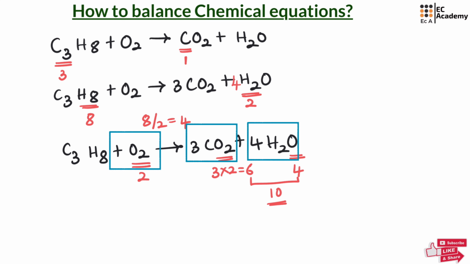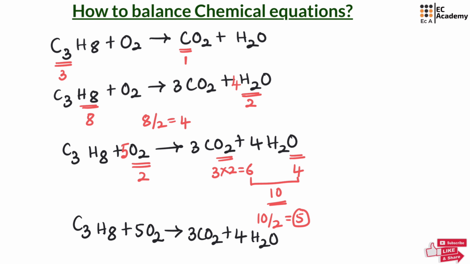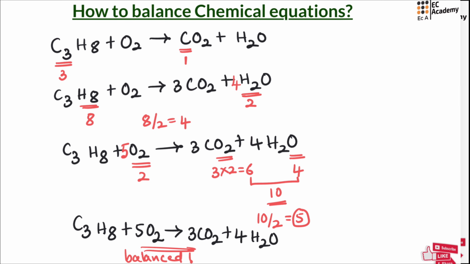Therefore, we can take 10 divided by 2, that will produce 5. Place 5 before O2. The equation will become C3H8 plus 5O2, that will produce 3CO2 plus 4H2O. The final balanced equation is C3H8 plus 5O2, that will produce 3CO2 plus 4H2O.